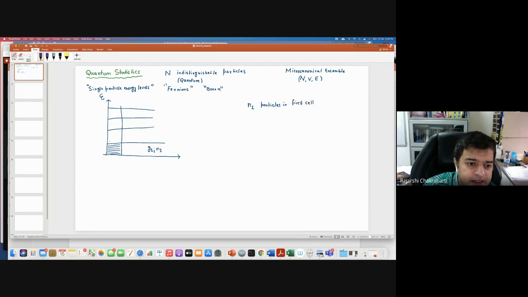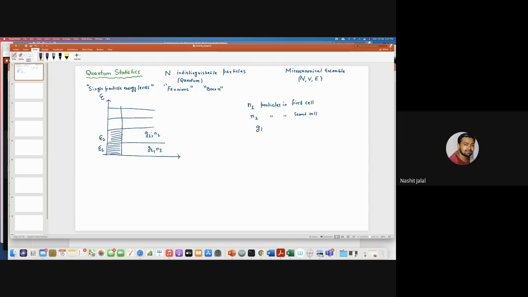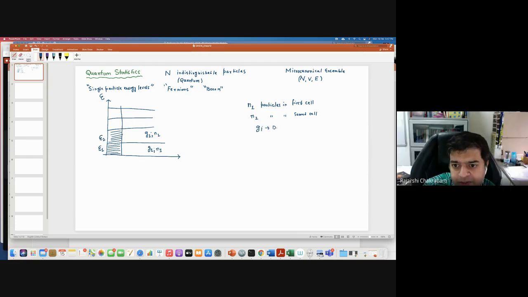Similarly in the second cell I have g2 number of levels and n2 particles. Now what is a cell? Cell means within that cell all the single particle energy levels have the same energy value. This is like epsilon 1, epsilon 2. So what are g1, g2? These are degeneracy factors. Is it clear? Gi is degeneracy.